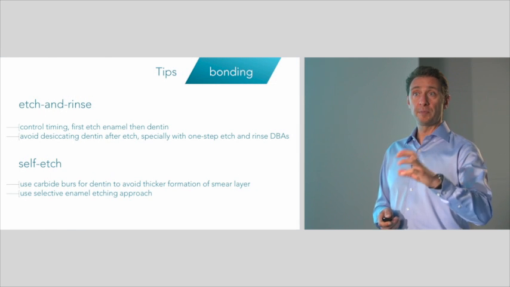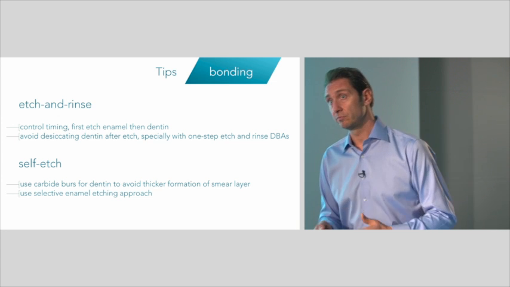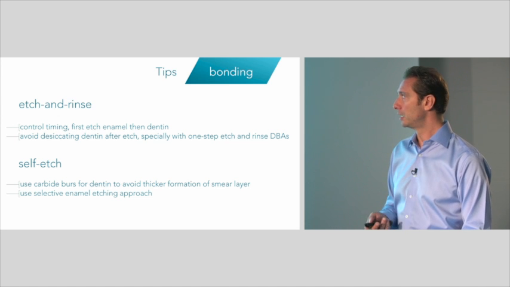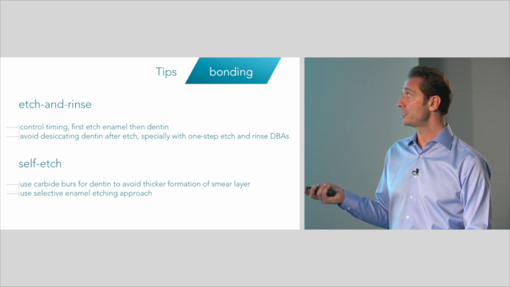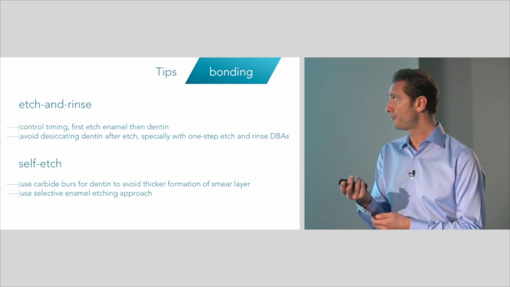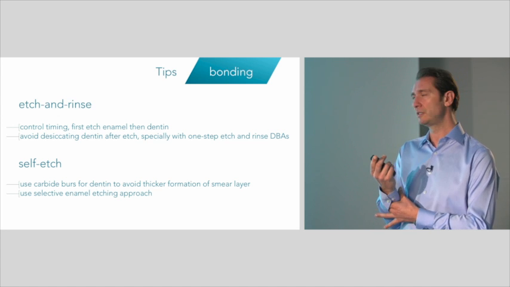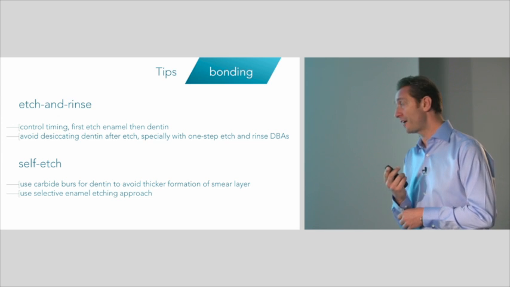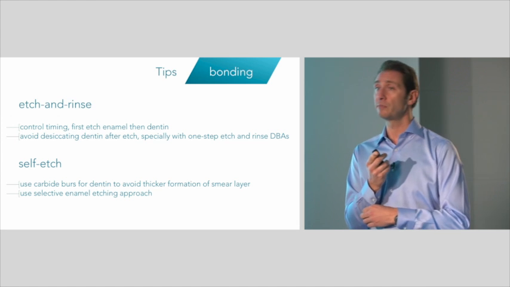So before we will be using the restorative material, we will need to do a bonding procedure. We need to have an adhesive procedure, and there, of course, some general tips in relation to etching and rinsing. Of course, control the timing. First etch the enamel and then the dentine. Be sure not to over etch the dentine. And avoid, of course, desiccating the dentine after etching, especially with the one-step etch and rinse dentin bonding agents.